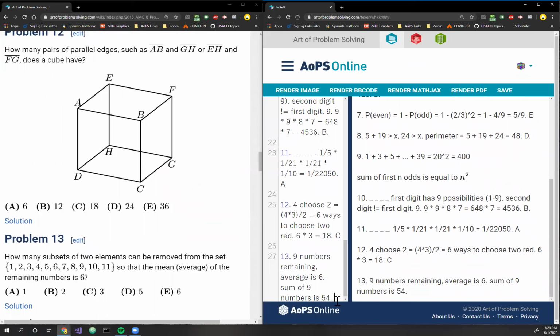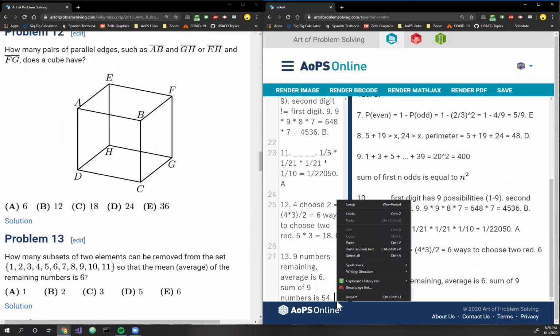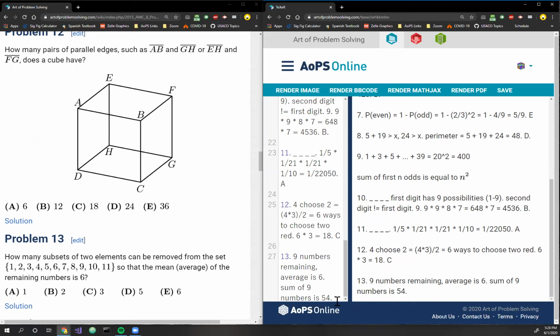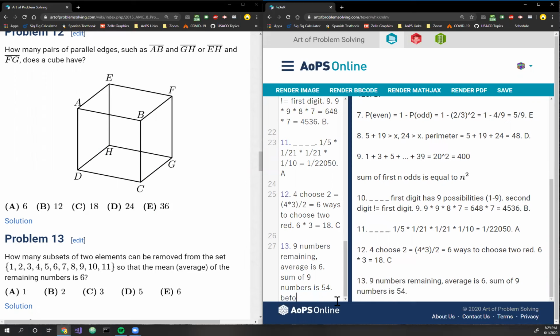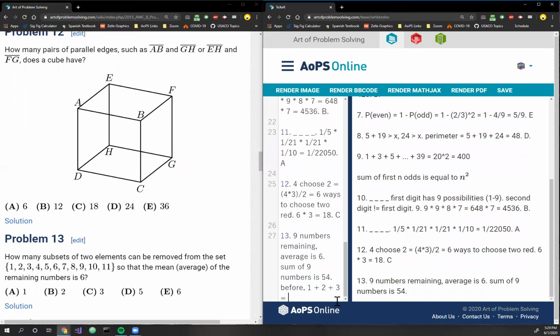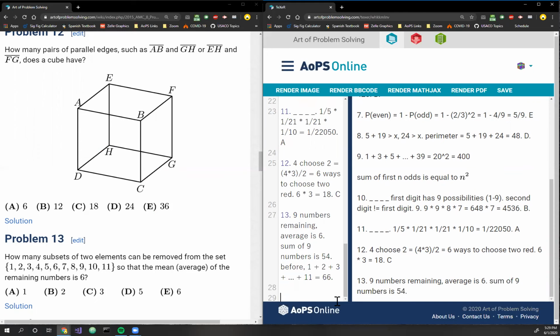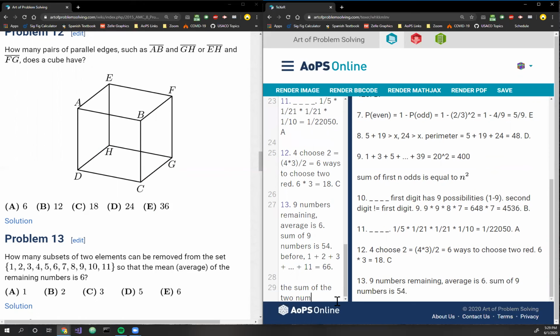Now let's consider what was the sum of the numbers before removing 2. Before, it's 1 plus 2 plus 3 all the way to 11, and you can compute this to be 66. Therefore, the sum of the two numbers is 12.